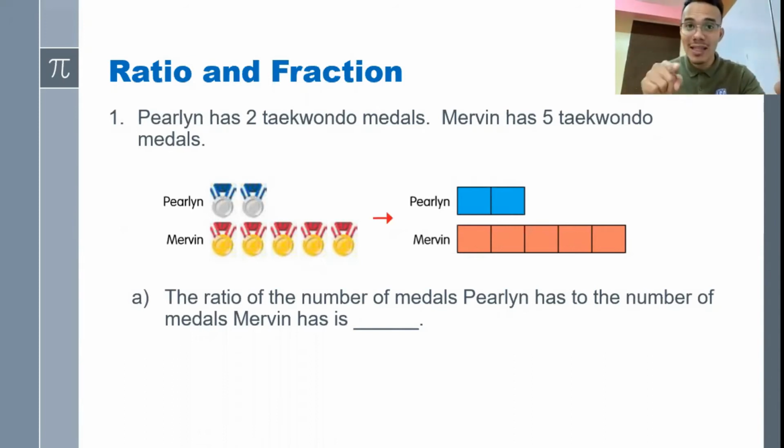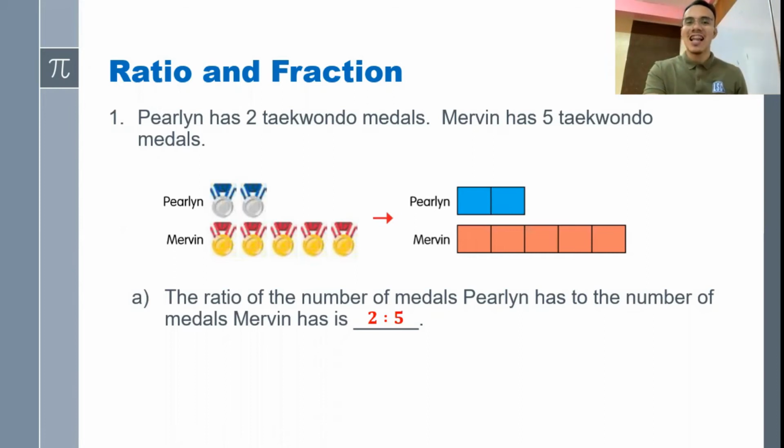The first quantity mentioned is the number of medals Perlin has, and Perlin has 2, right? And the second quantity mentioned is the number of medals Mervin has, and Mervin has 5. So the ratio is 2 to 5.